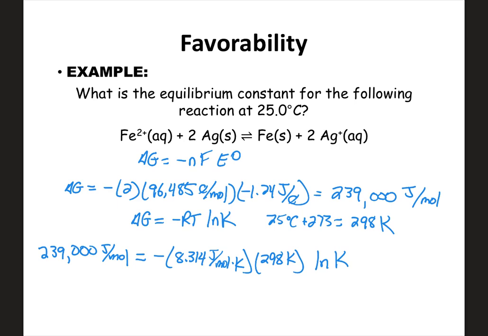Remember here, if you need to actually look at the steps, first thing you would do is multiply your two terms, essentially your R and your temperature here, divide what you get for that by both sides.